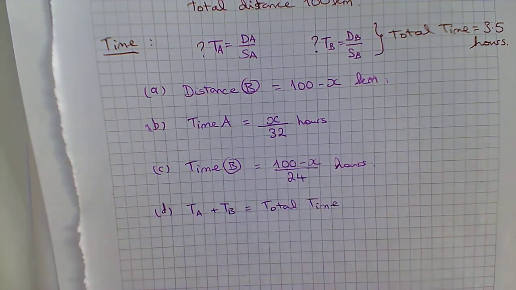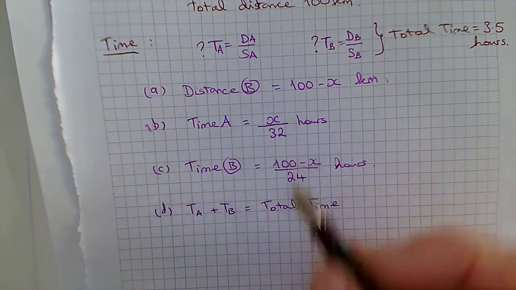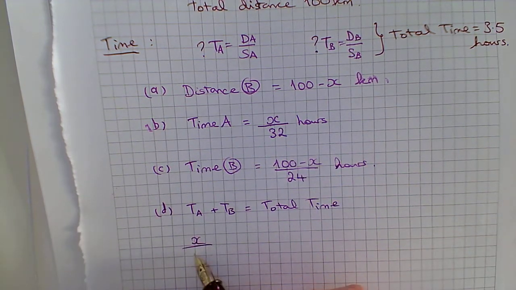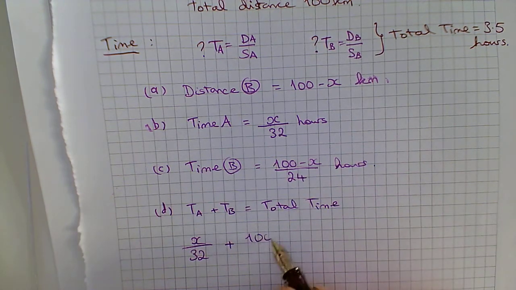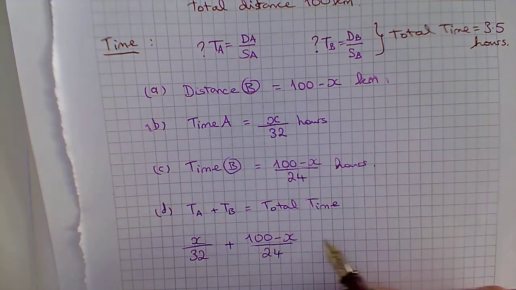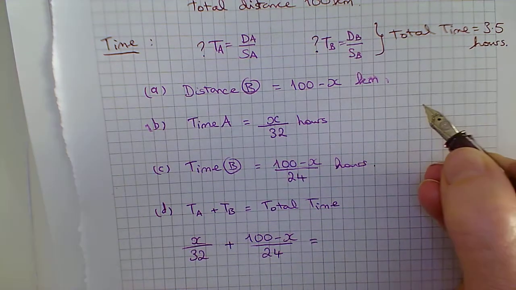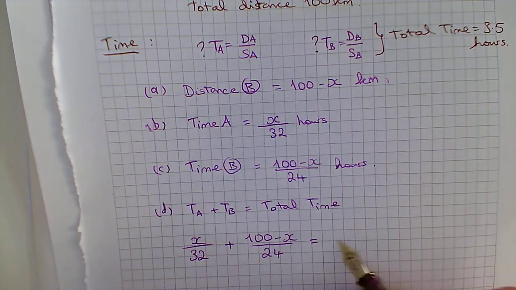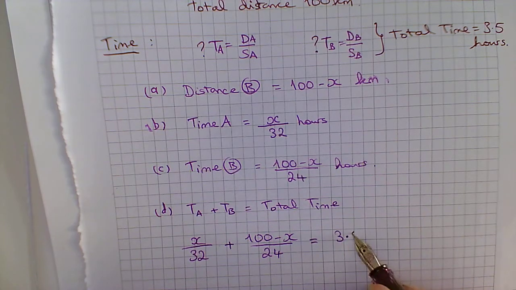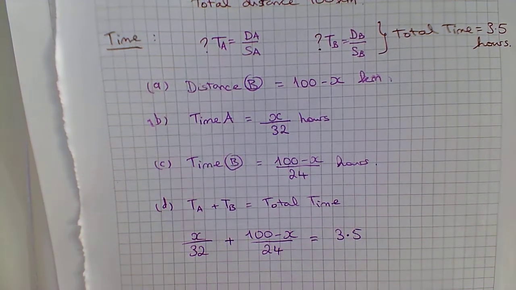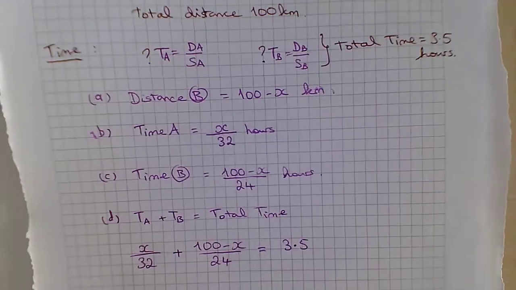You don't need to write down that fact. This is me helping you if you're taking notes on this. Time A is x over 32 plus time B is 100 minus x divided by 24, and that's equal to my total time, which is 3.5. You can leave that as a decimal, so you've got a mixture of fractions and decimals here, but we know what to do with them.